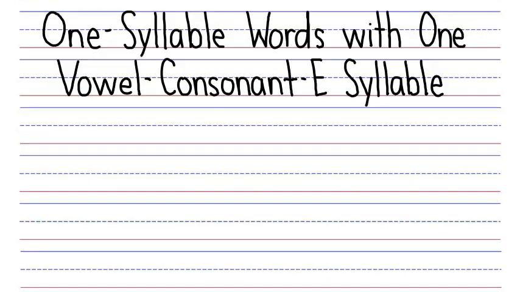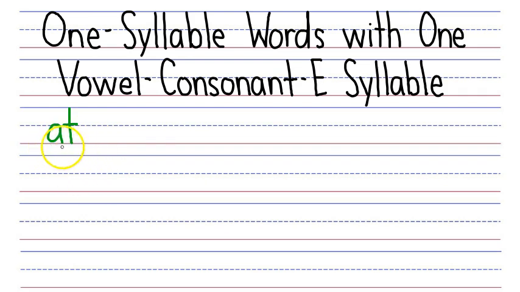Let's move on and write some one-syllable words with one vowel-consonant-E syllable. First word, ate. On this line, let's write it without the silent final E. If you try to write ate with a single vowel letter A and a T that says T, and you don't put an E there, this actually says at.